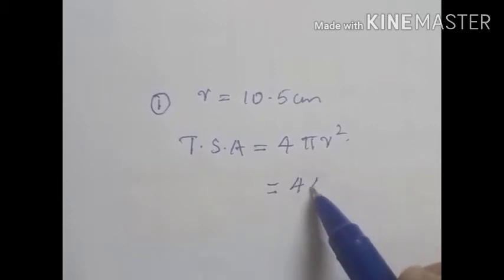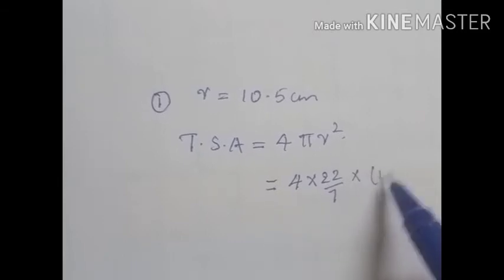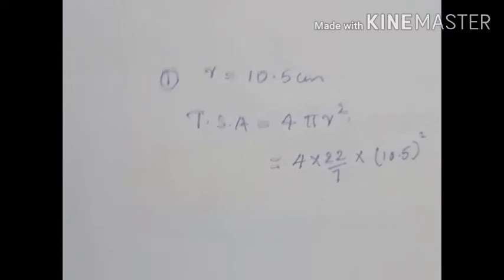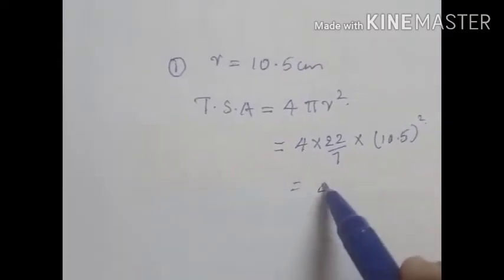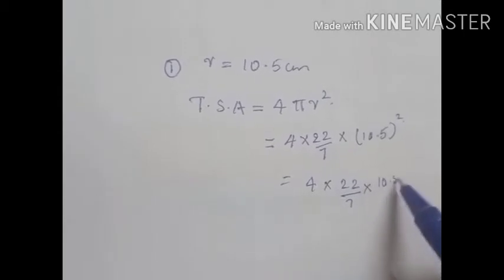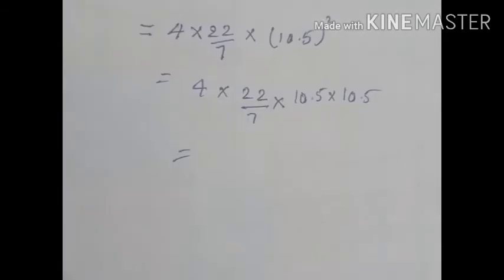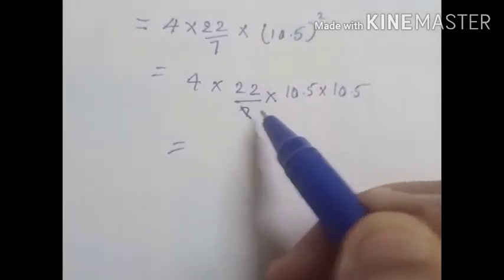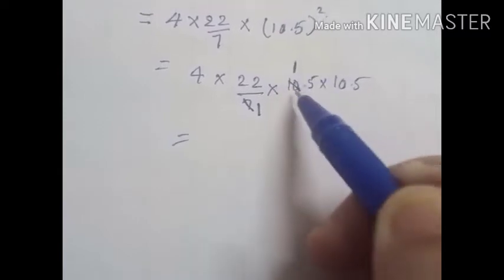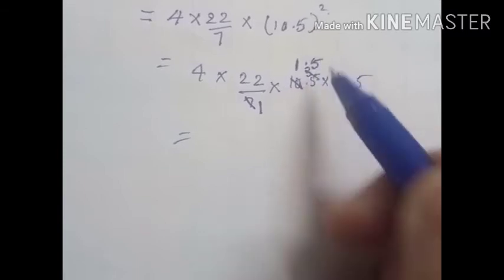So we can substitute the values, pi as 22/7 and r as 10.5. So r square means 10.5 square. Now 4 into 22/7 into 10.5 into 10.5. Here we can simplify. 7/7 is 1. In 10, 1 7 is 7, remaining 3. In 35, 7 5s are 35.